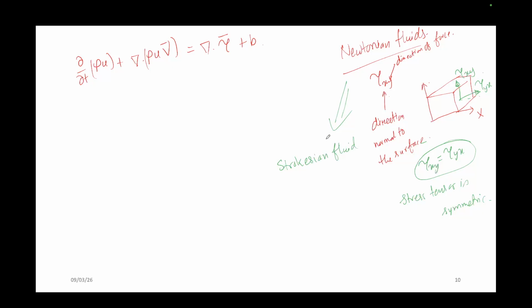It's like a set and a subset. A family is a set, and Ayush is a subset of the family, or your father is also a subset of the family. Like that, the Stokesian fluid is a subset of the Newtonian fluid.